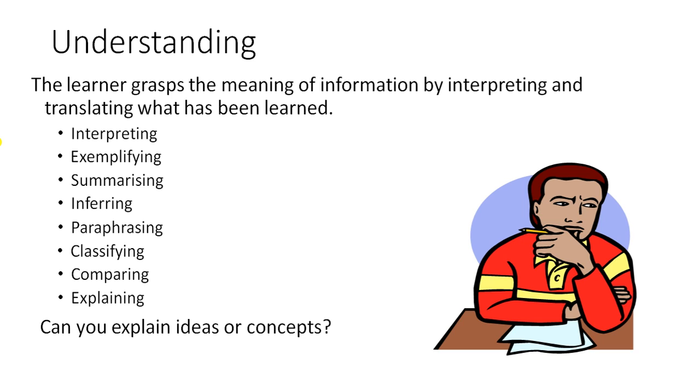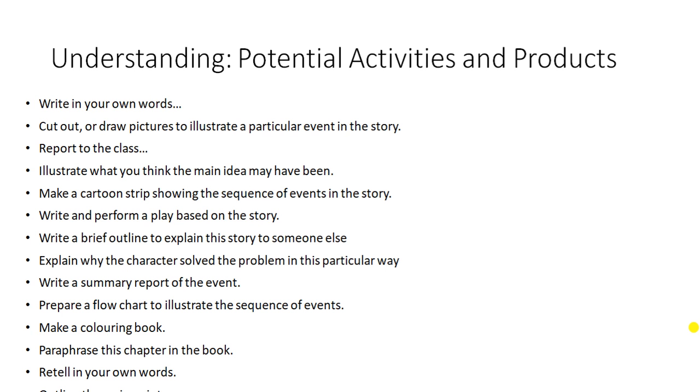Paraphrasing is also an important part. Paraphrasing is something where the student can recall or repeat or tell the sentences once again. Classifying, they can classify the terms or not. So these are some terms which come under understanding.